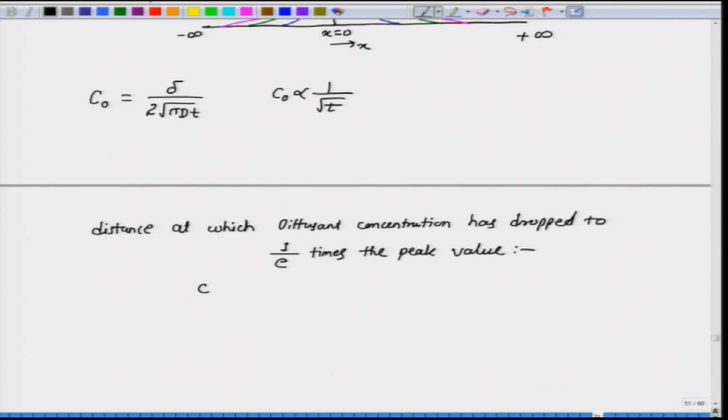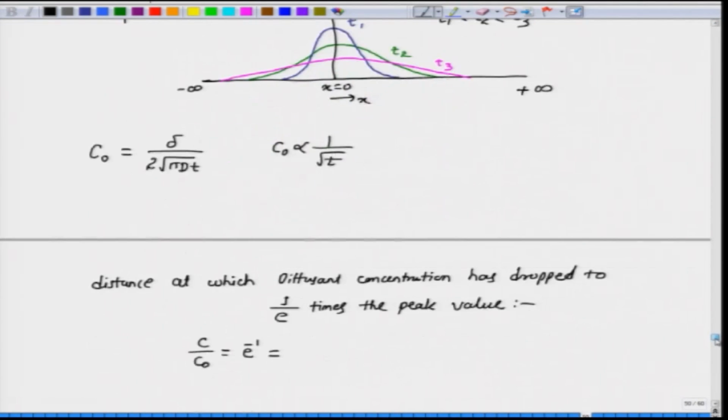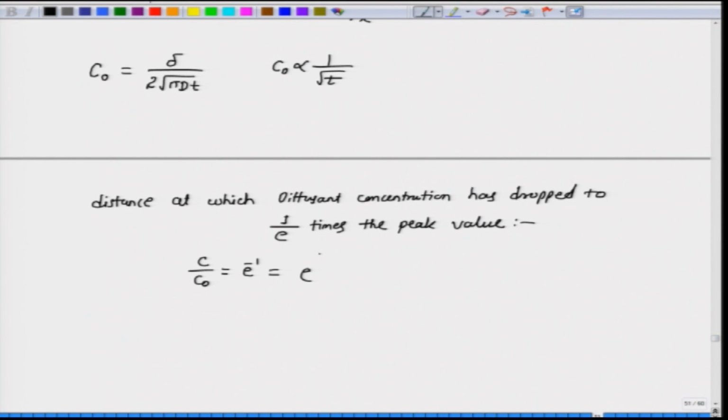so C by C naught is equal to e to power minus 1, and from this equation that should be exponential minus x square by 4 dt, e to power minus x square by 4 dt. So, what we get, let us call this x e. X e is equal to 2 root dt.